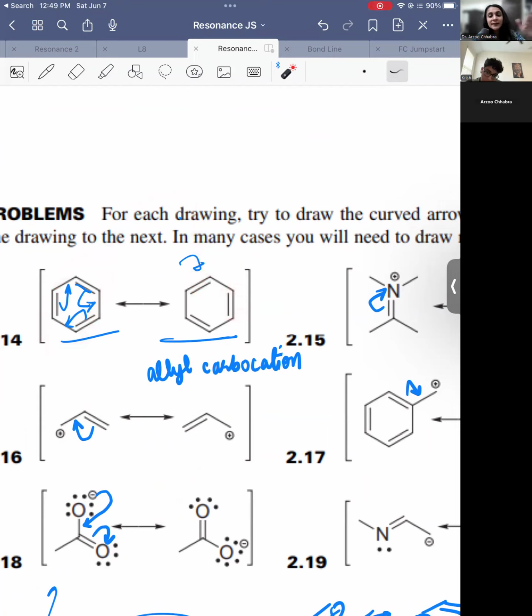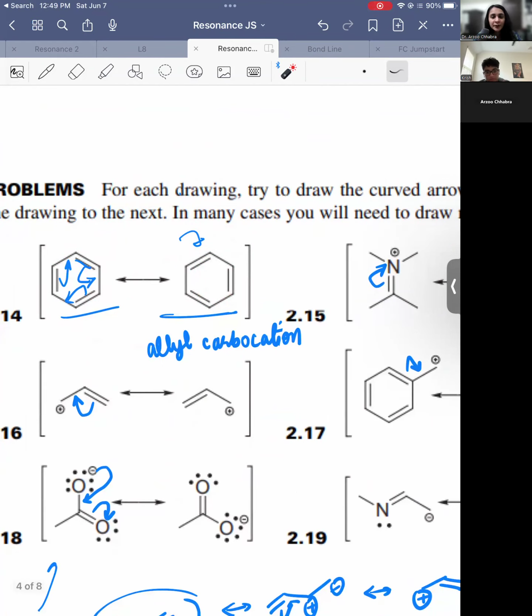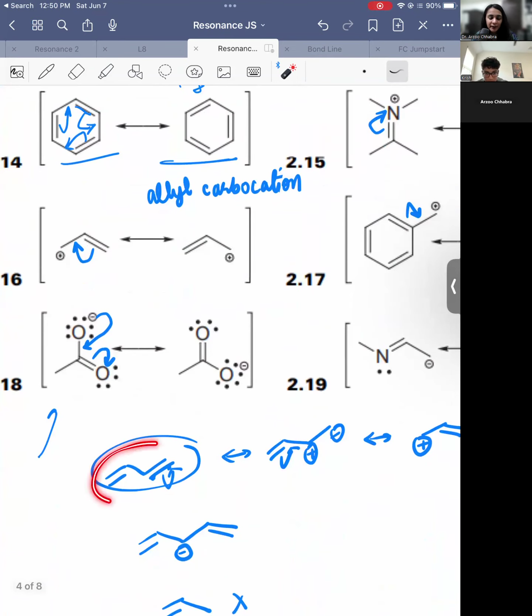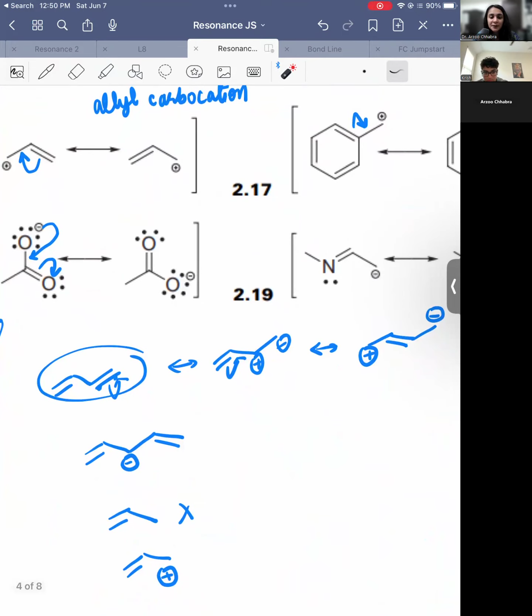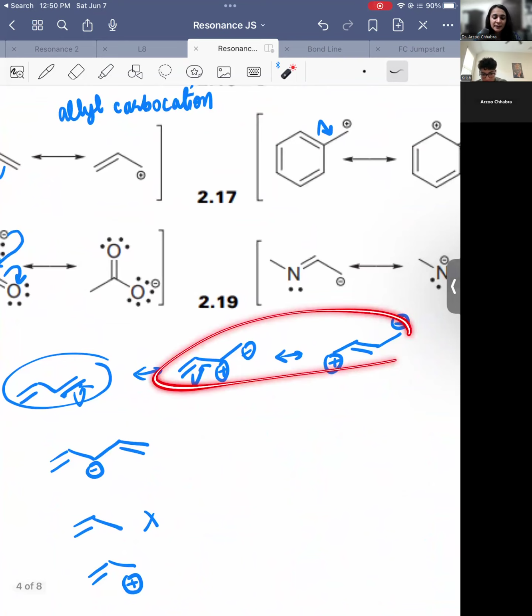But think about how unstable those structures are compared to the neutral structure of benzene. So these are the major structures, but if they said draw out 6 structures, you can write every double bond as a positive and negative, then move the other double bond to create a different resonance structure. That's possible. But for a linear structure, there is no way we can have another neutral structure, and if they say draw out resonance structures, then you will draw out these kinds of unstable structures.